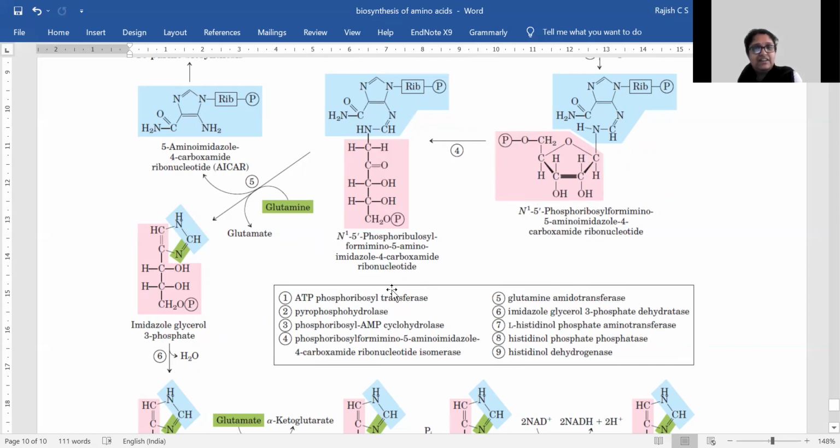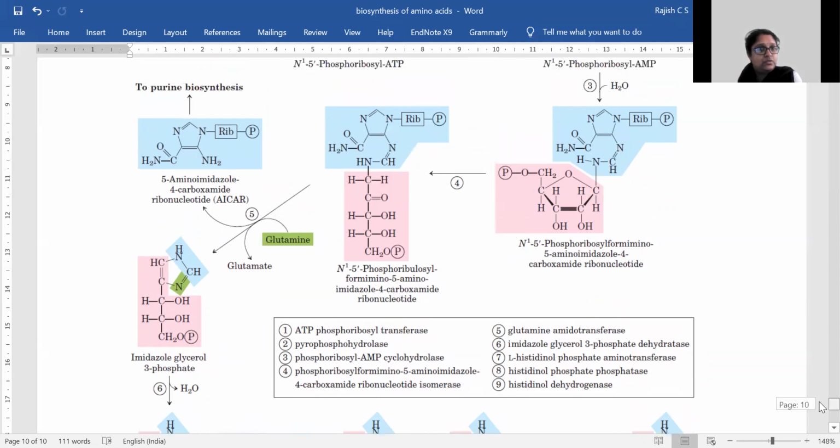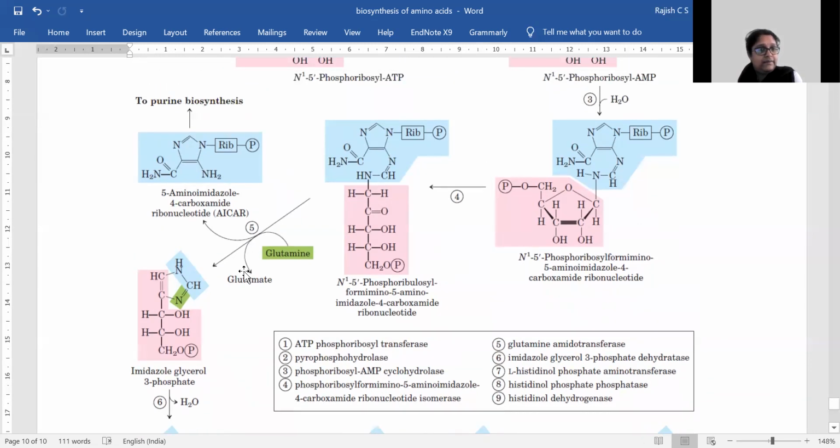And once we have the open ring structure, then there is an amidotransferase reaction that is happening. So what happens is this gets split in such a way that the 5-amino imidazole 4-carboxamide ribonucleotide, most of this blue part gets removed, and that goes to purine biosynthesis.